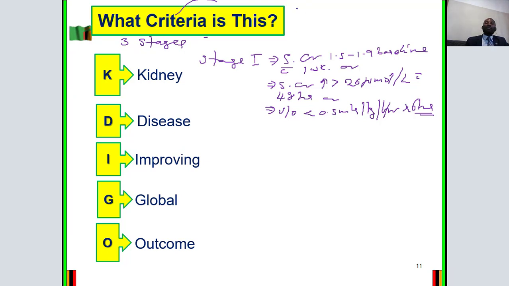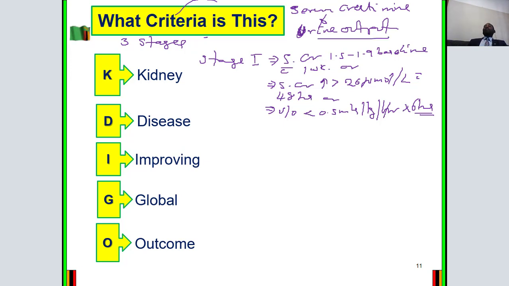The KDIGO usually uses serum creatinine and urine output.